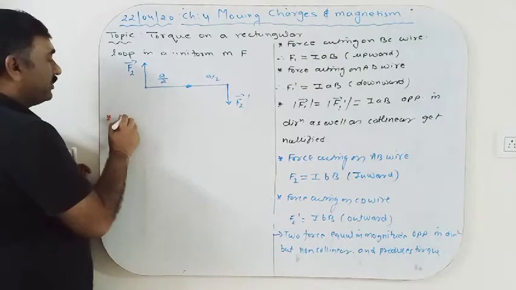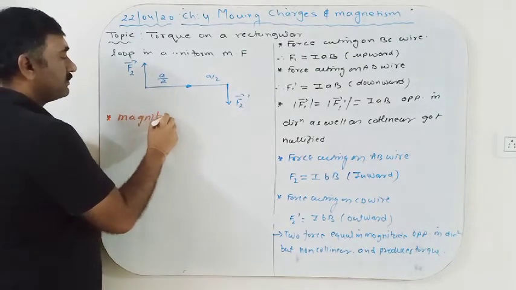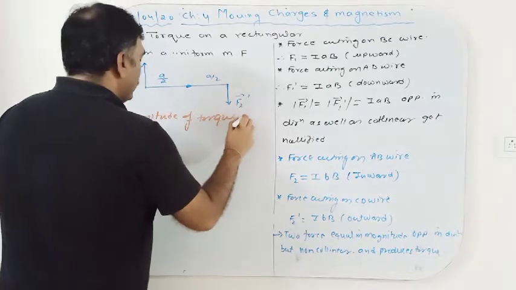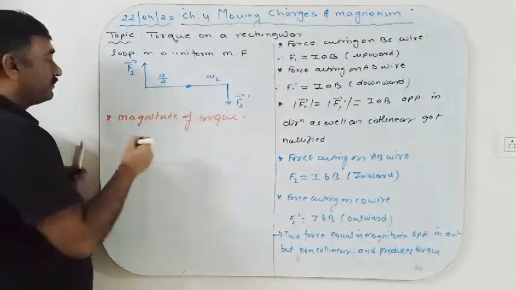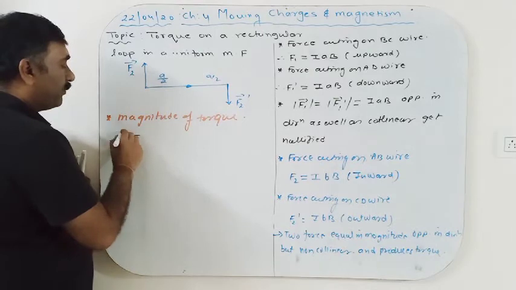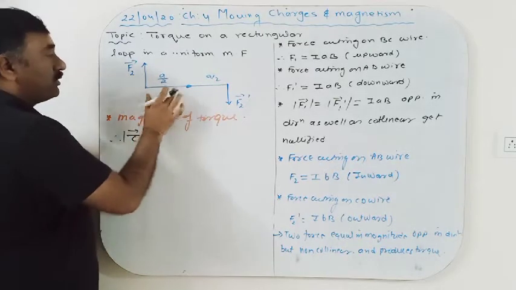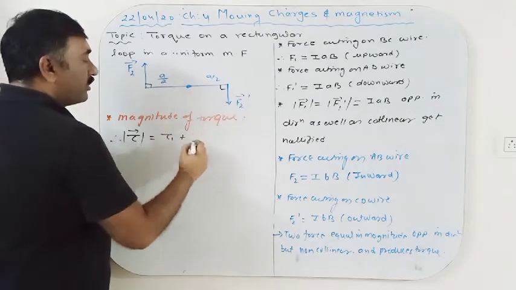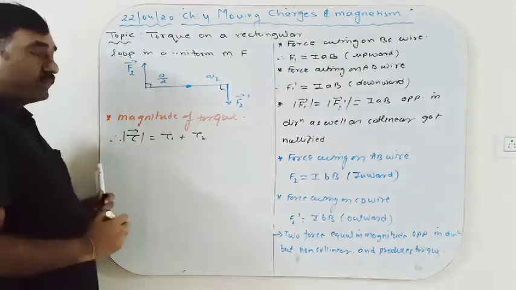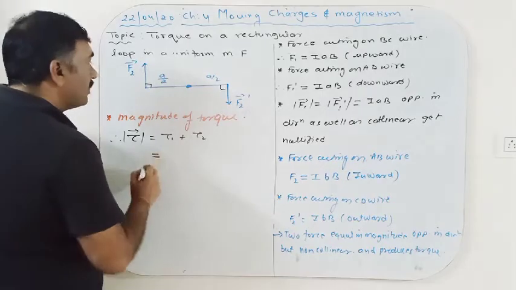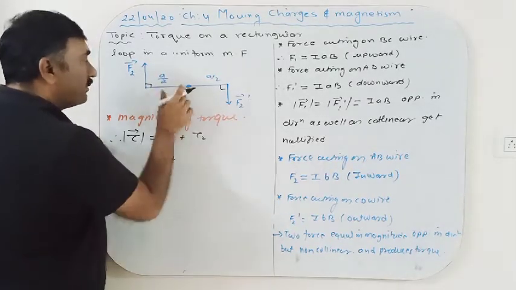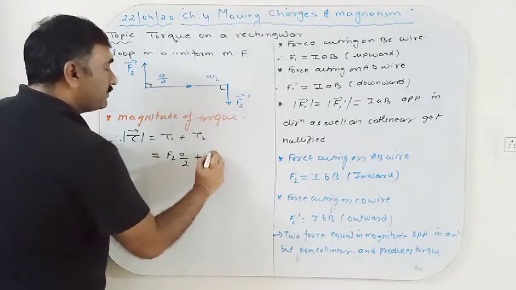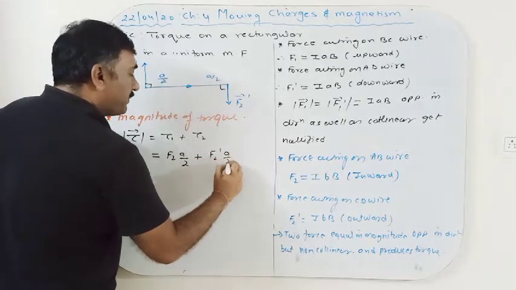So what is the magnitude of the torque? The magnitude of tau is equal to the torque on the first part, tau1, plus the torque on the second part, tau2. What is the formula for torque? Force F2 multiplied by the perpendicular distance A by 2, plus force F2 dash multiplied by the perpendicular distance A by 2.